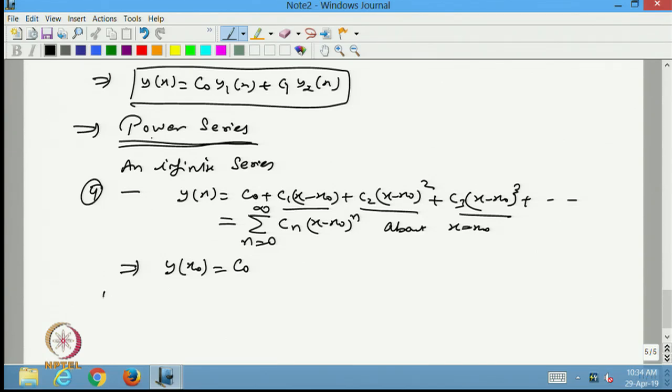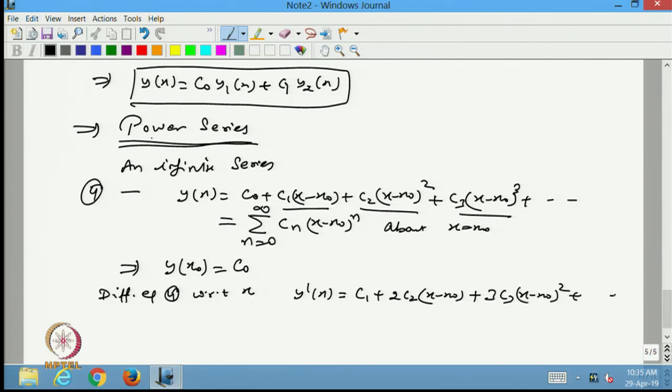Further, if I want to find the value of C1, I differentiate equation 4 with respect to x. I will get y dash x equal to C1 plus 2 C2 (x minus x naught) plus 3 C3 (x minus x naught) square, and so on.